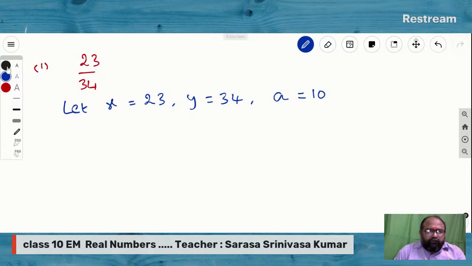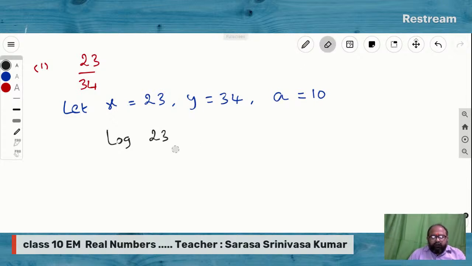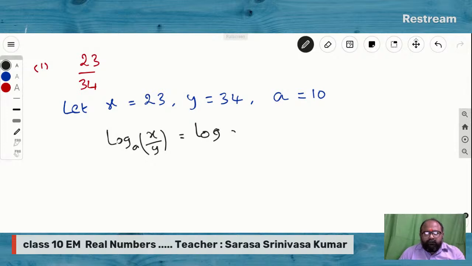So now we note down the formula: log of x by y to the base a equal to log x to the base a minus log y to the base a.